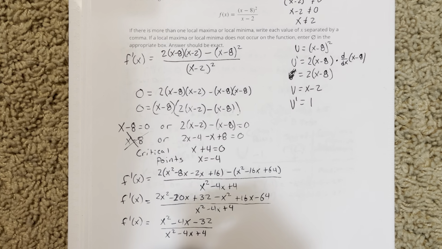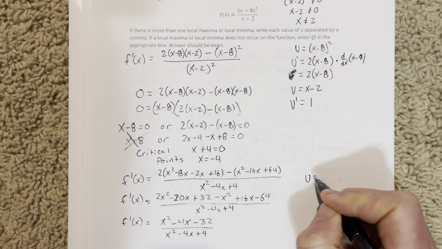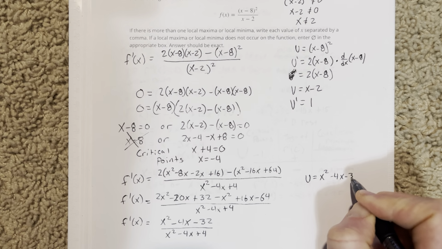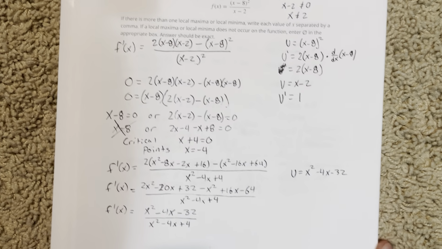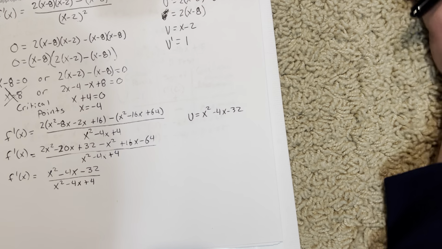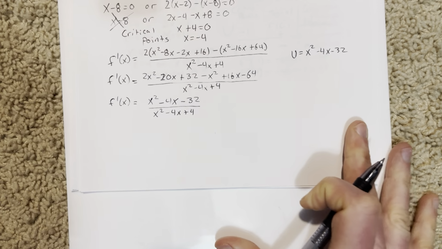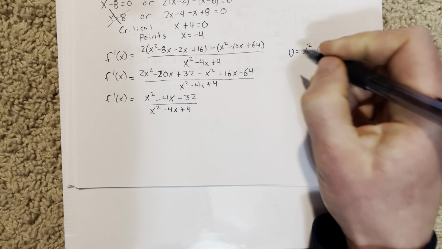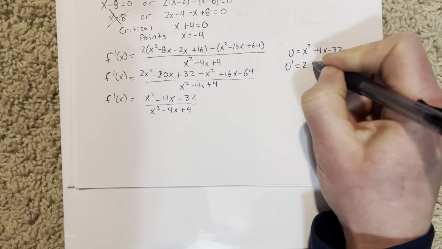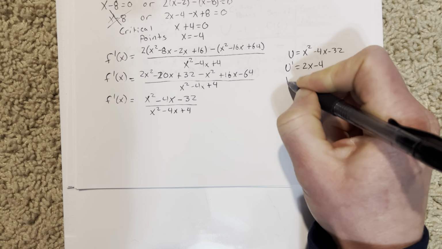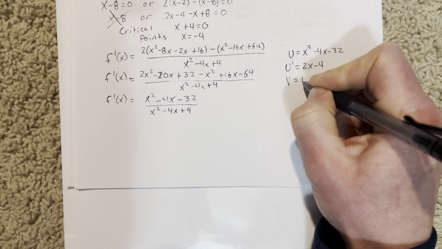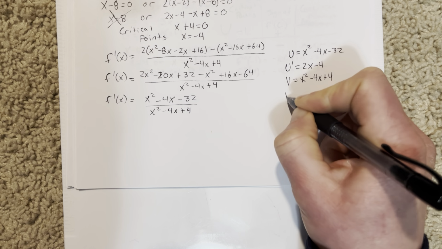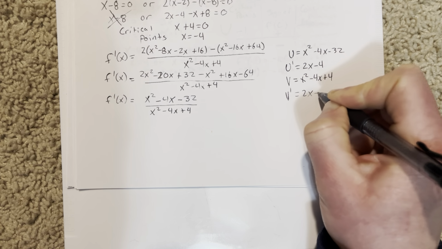So we're going to say u is equal to x squared minus 4x minus 32, so I've got u prime being 2x minus 4. V is equal to x squared minus 4x plus 4, so v prime is equal to 2x minus 4.